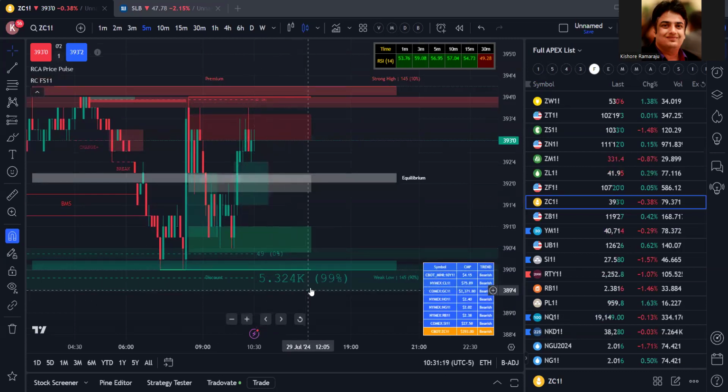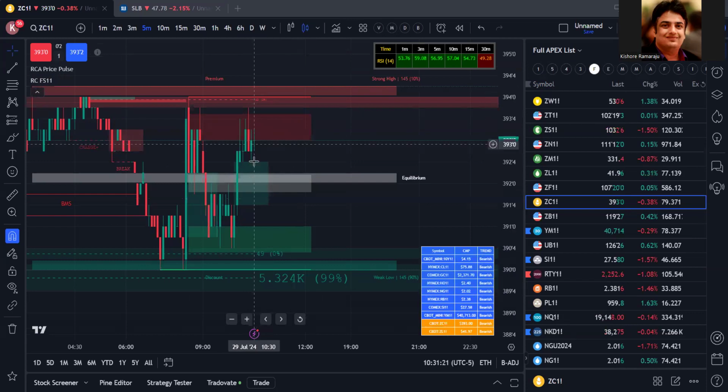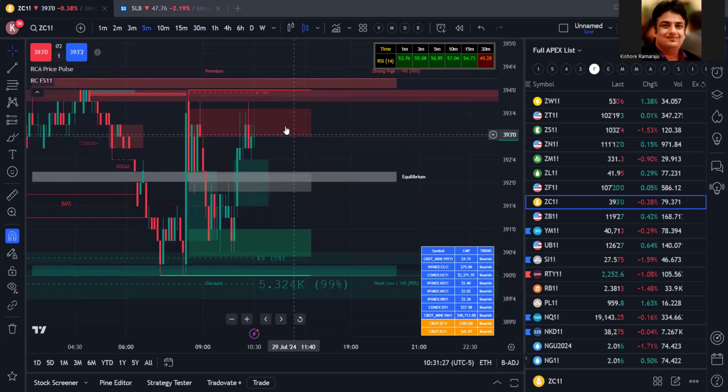If we had some big size like this, we would have taken it. Because the order block is very small, it is a little risky to short it.